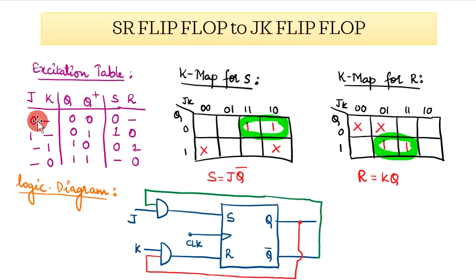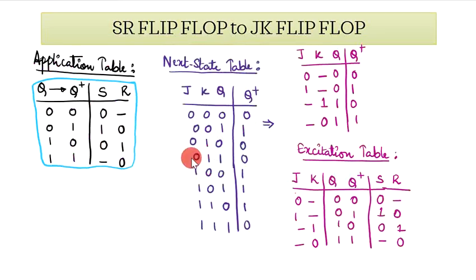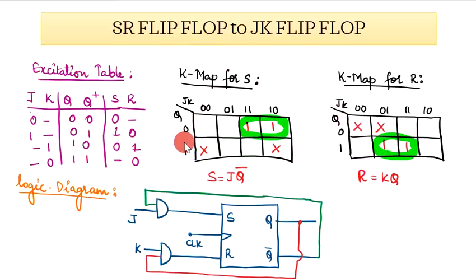In this particular case, you need to be very careful because this is going to be a 3-variable Karnaugh map, with J, K and Q. That is because the next state table had 3 variables, J, K and Q. That is the reason the Karnaugh map is of 3 variables. Here you need to provide the different possibilities for K.